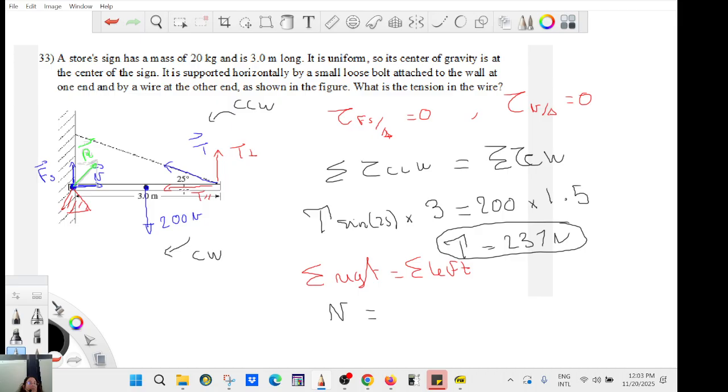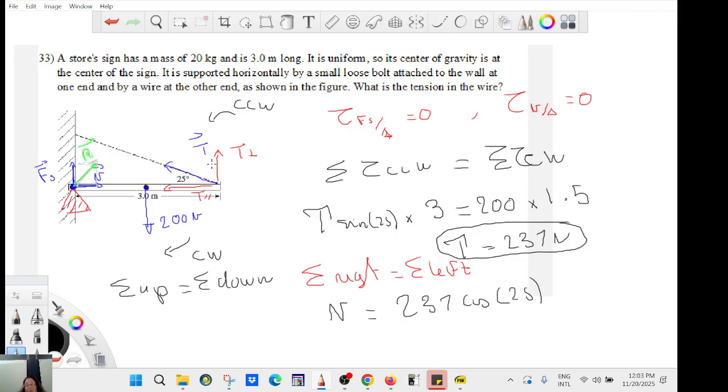You see, this component has a different job. Its job is to push on the wall. You need to push on the wall, otherwise you don't have static friction, right? So it's pushing on the wall. And that will be T, which is 237, times cosine 25. Agree? And then you have everything up equals everything down.